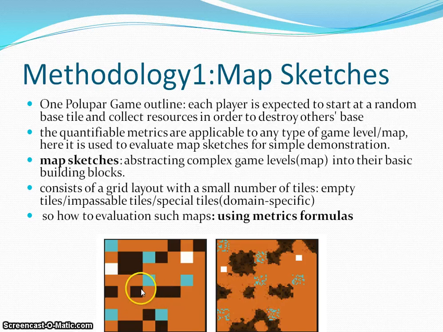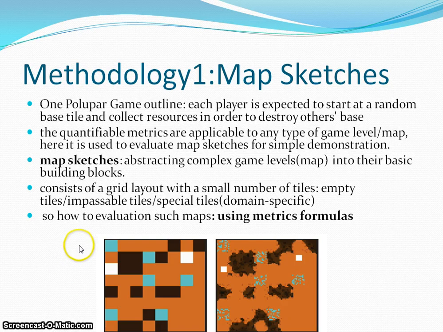The left one is map sketches. It just abstracts the complex game levels into their basic building blocks. It consists of a grid layout with a small number of tiles. It has empty tiles, impassable tiles, and special tiles, which are bonuses or resources, which are domain specific.